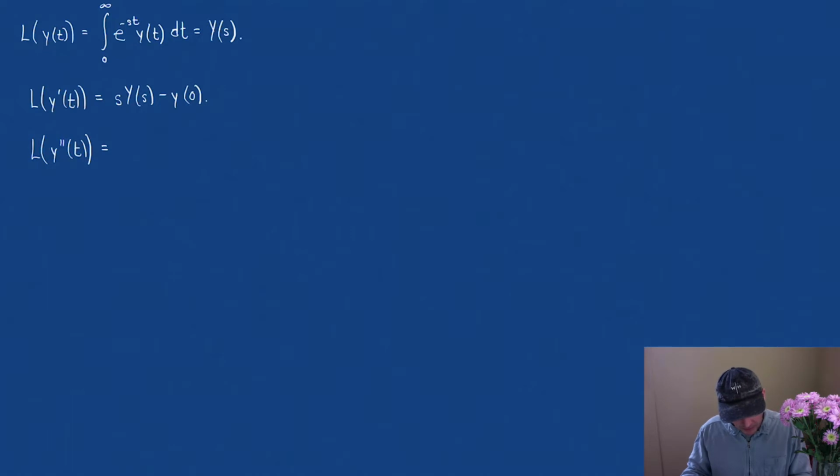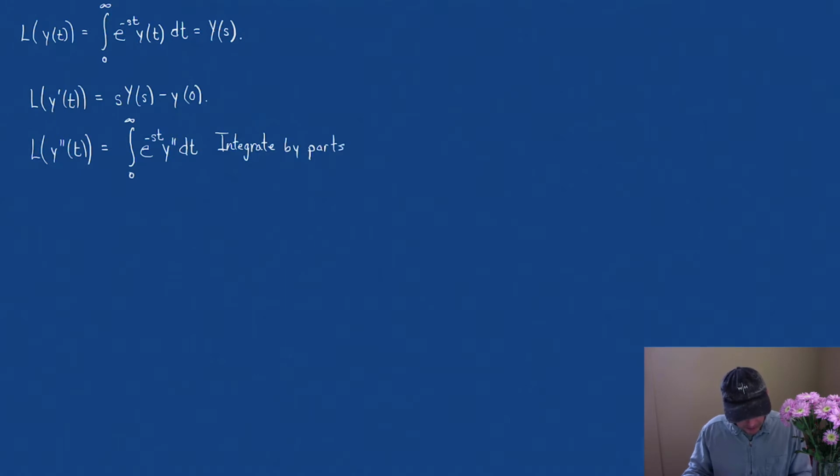So here we go. This is the integral from 0 to infinity of e to the minus st y double prime dt. And the only way to deal with this that I know of initially is to integrate by parts.